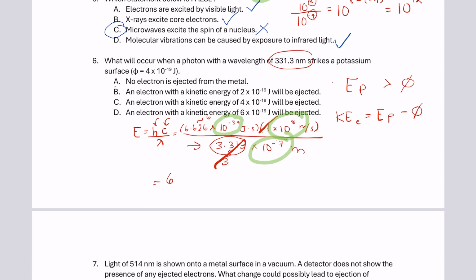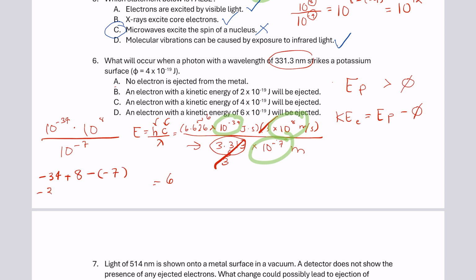We have 10 to the minus 34 multiplied by 10 to the 8 in the numerator. And then we have 10 to the negative 7 in the denominator. The exponents in the numerator add up, and then we subtract that from the denominator. So it is going to be negative 34 plus 8 minus negative 7.